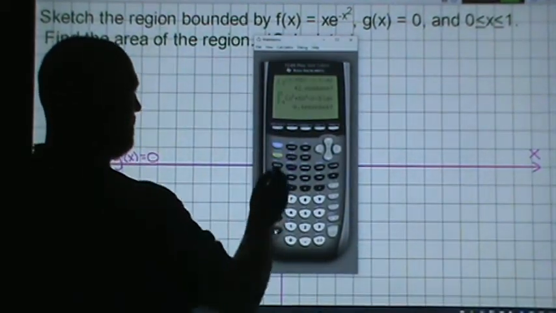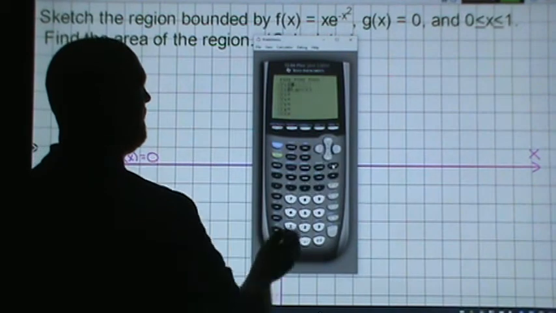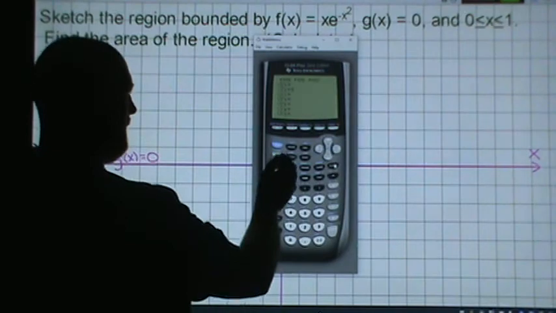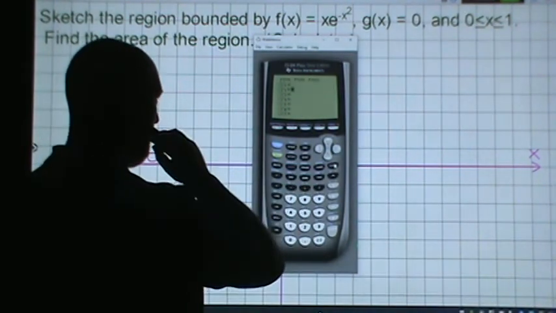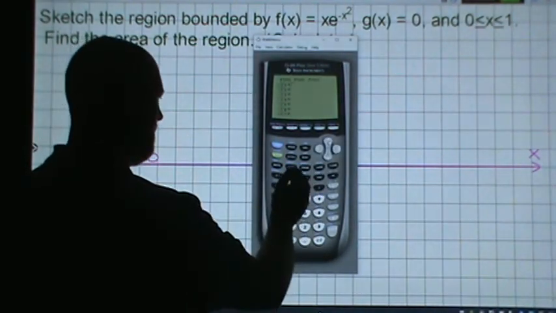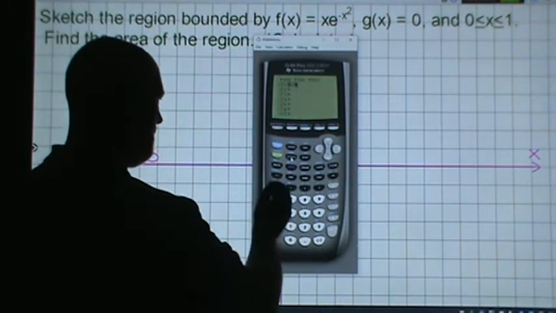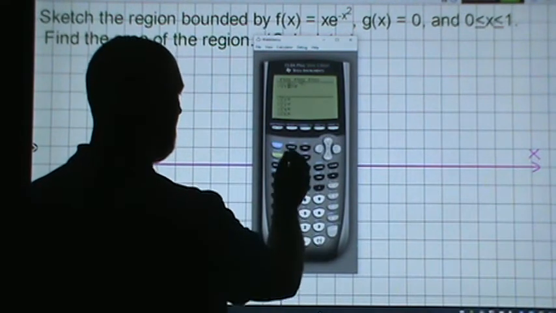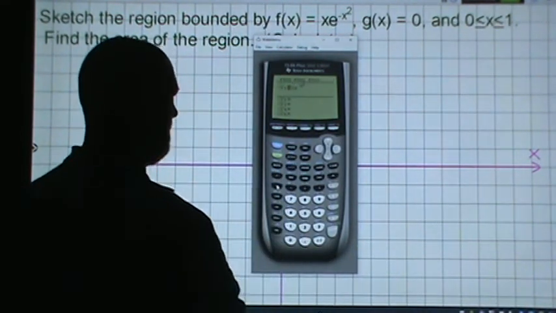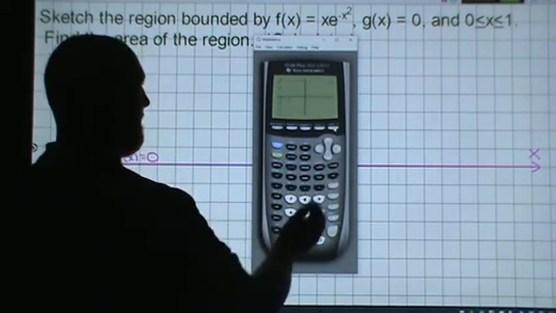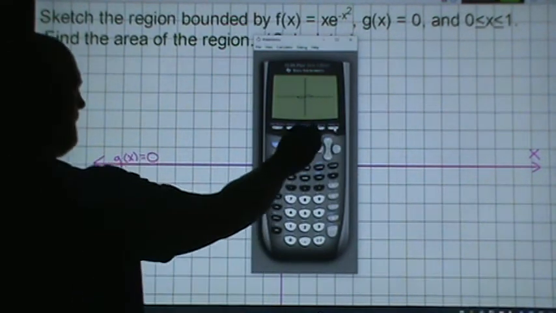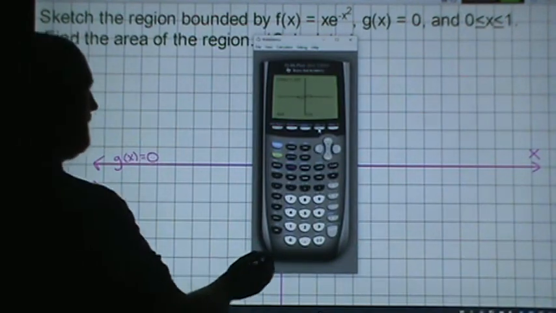I could put it in as a y equals. So for my y equals, I will have x e to the negative x squared, and I can hit graph. If I trace this at the specific values, I can fill in my table.